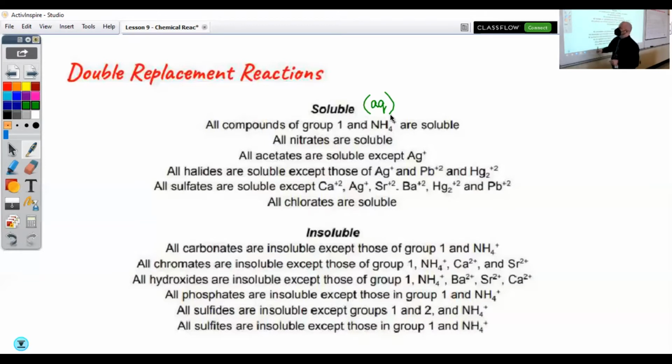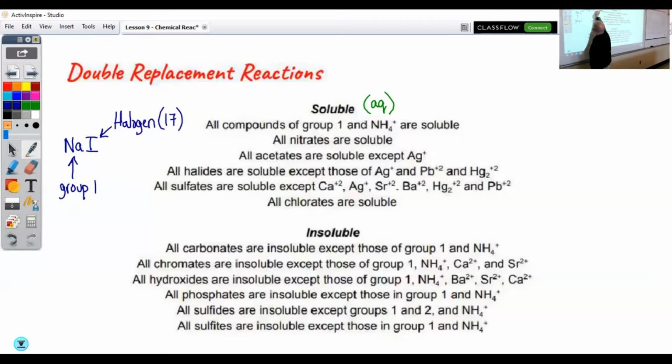In our demonstration, we used a solution that I said was aqueous, and that was sodium iodide. Sodium iodide is made up of two parts. Sodium, which is a group 1 element, and iodine, which is a halogen, which is the fancy name for elements in group 17.